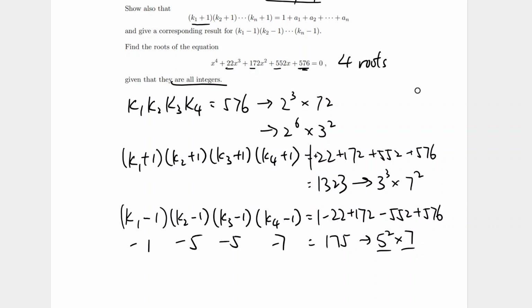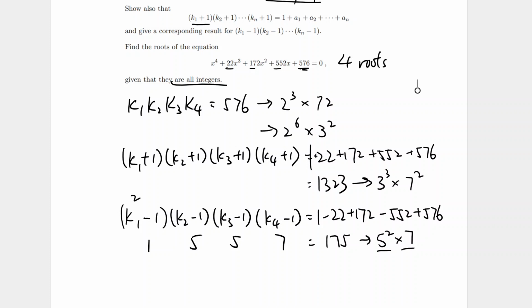Oh, but then K1 is 0. How do I do this then? So I need 1, 5, 5, and 7. Okay, anyhow, let's ignore the minus signs for now, maybe. Okay, so K1 has to be 2 then, right? You know that K1 has to be 2.